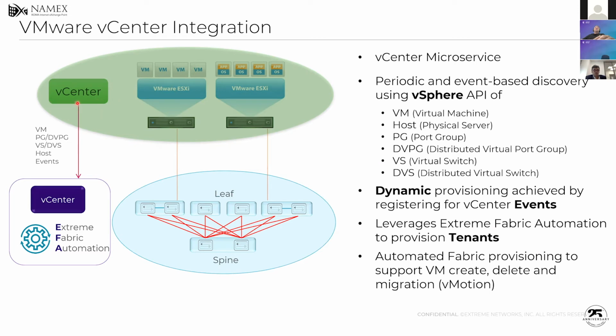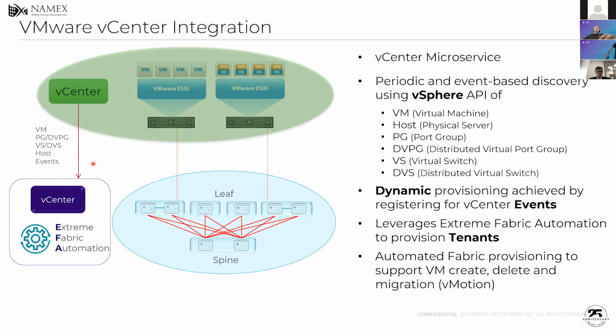And vCenter communicates the actions and activities in the virtualized infrastructure on a message bus that we subscribe to. Basically, we have a dedicated microservice component within EFA that actually interacts with the vCenter, right? And with this, we don't have to poll the vCenter every time in a certain time interval. What we do is we just subscribe to the message bus. Now whenever an event happens, such as a VM creation or a VM move or a delete or something else, we get automatically informed.